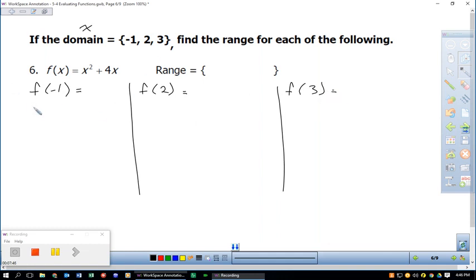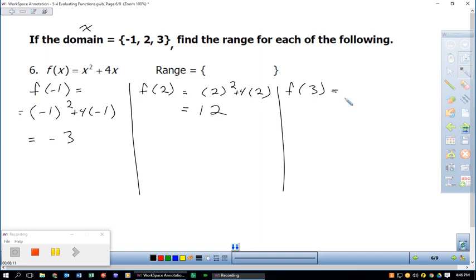So for the first one, it's going to be negative 1, notice the parentheses, squared, plus 4 times negative 1. Now, if you plug that into your calculator, you should get negative 3. Now, if you plug 2 in, you should get 2 squared plus 4 times 2, which is 12.